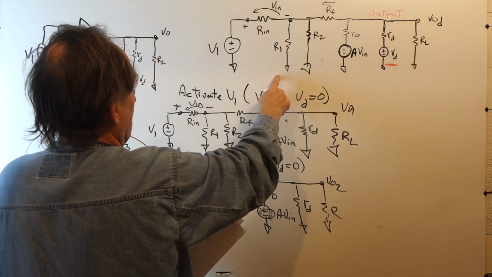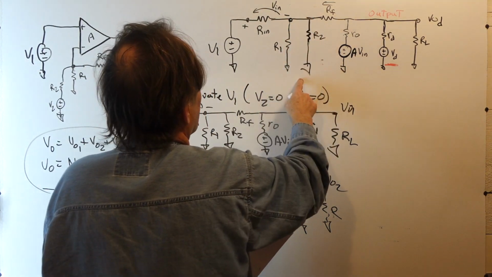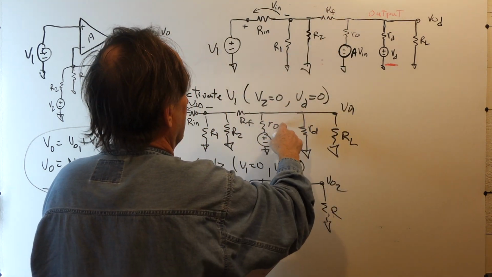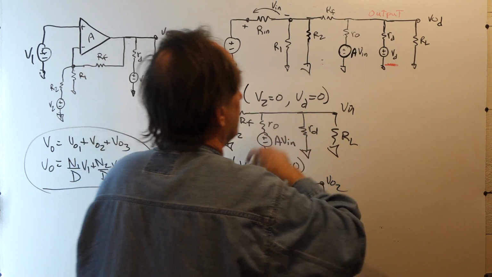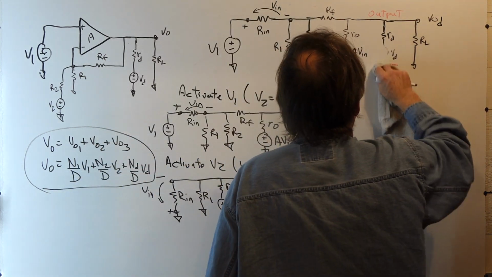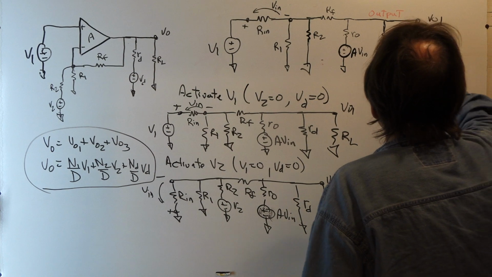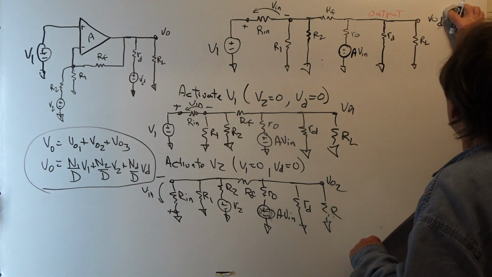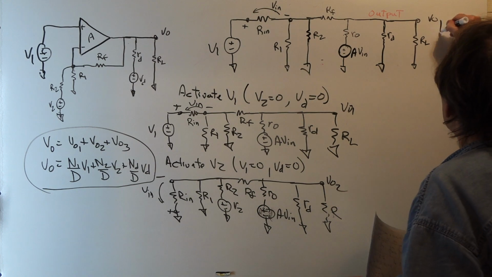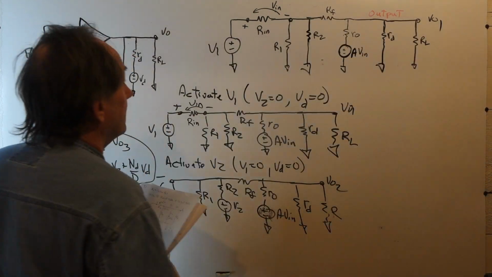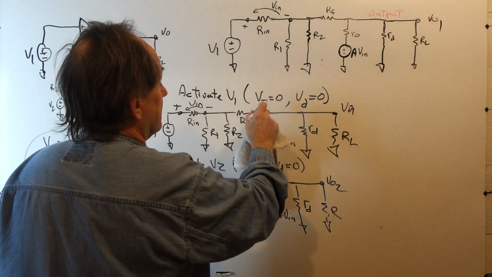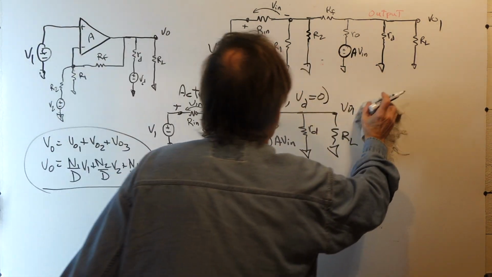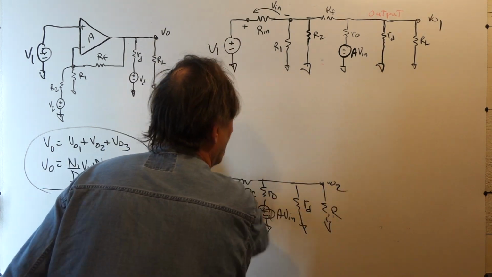We have R1 to ground. We have R2 to ground. We have RF, our feedback resistor, then our operational amplifier, and then we just replace source VD with a short, and we're looking for V out due to source 1. So we have set V2 and VD to 0. Now we'll solve the network for VO1.